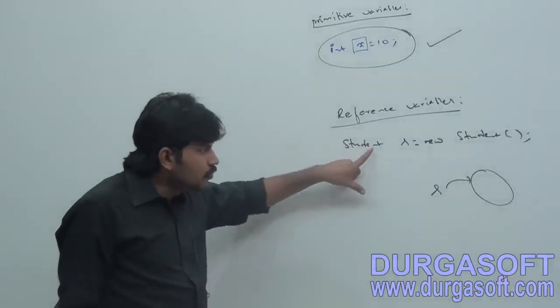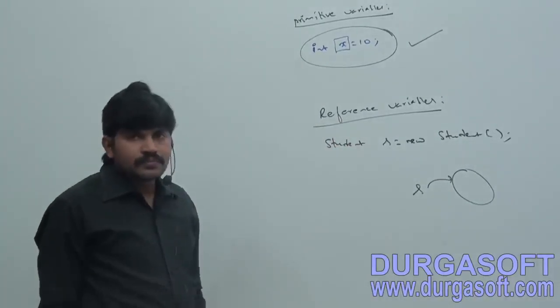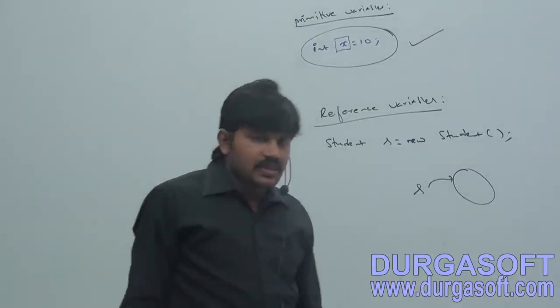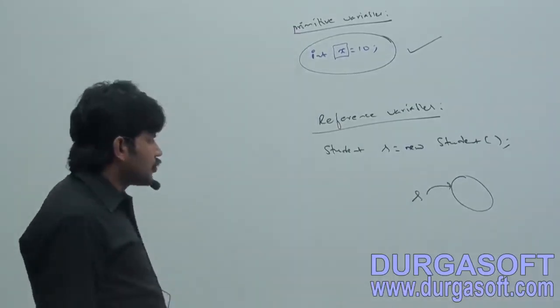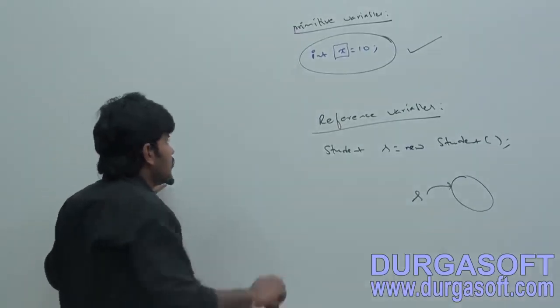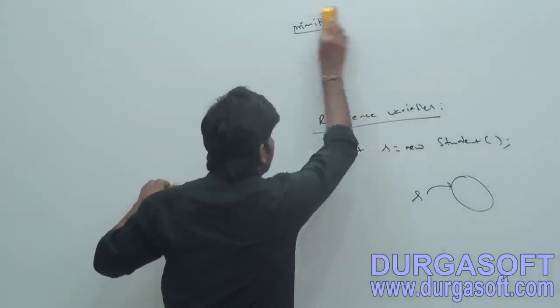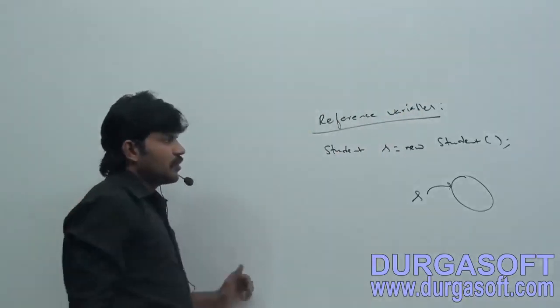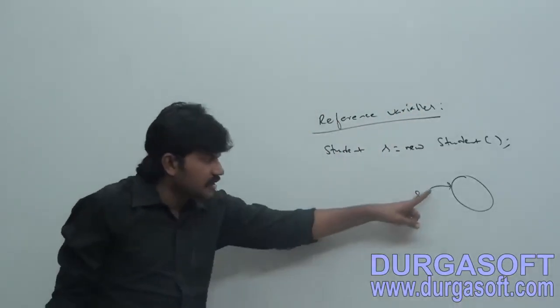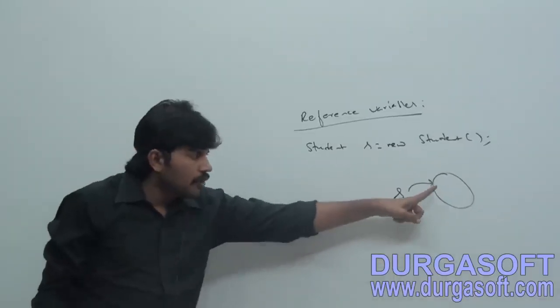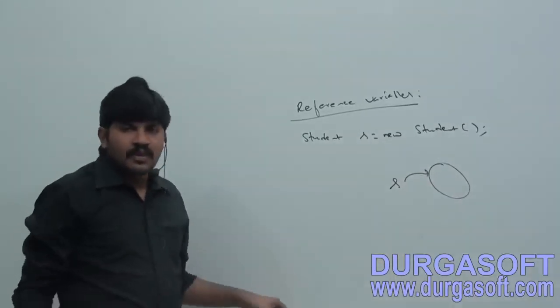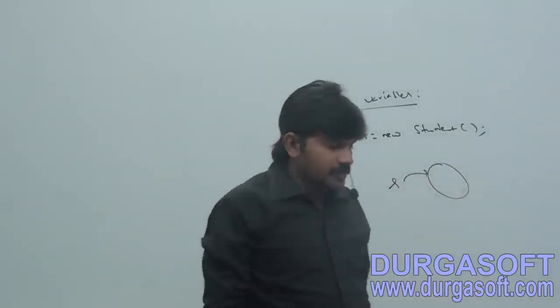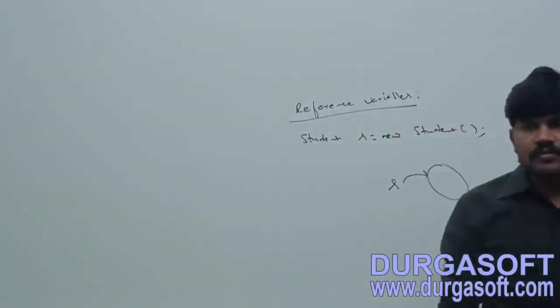Example: Student S is equal to new Student. Take this diagram: S is pointing to the object. That's all. Are you able to understand?